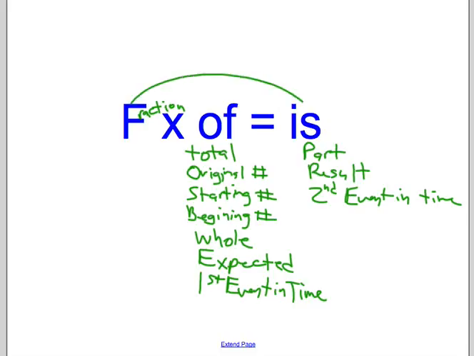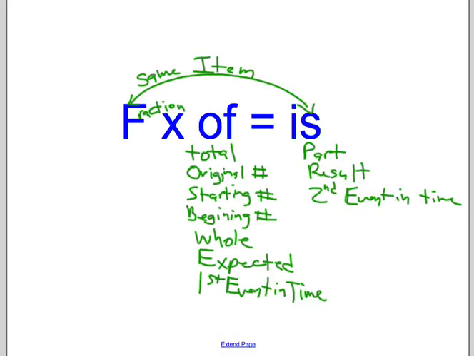The F and the is have to represent the same item. The others you can look back on, what ideas: total, beginning number, starting number, part, whole, that type of thing.